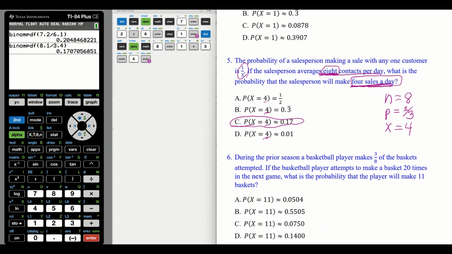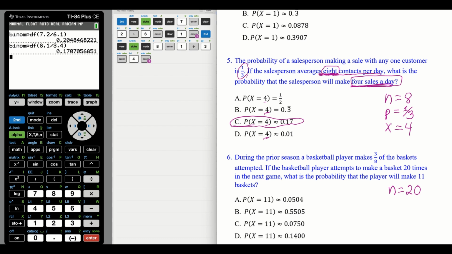Okay, number 6. During the prior season, a basketball player makes 3 out of 8 of the baskets attempted. If the basketball player attempts to make a basket 20 times, let's write that down. N equals 20. Okay.